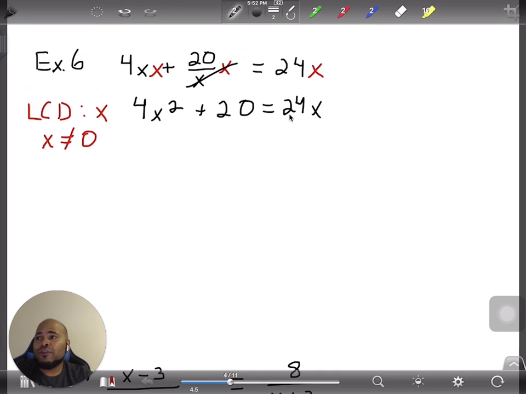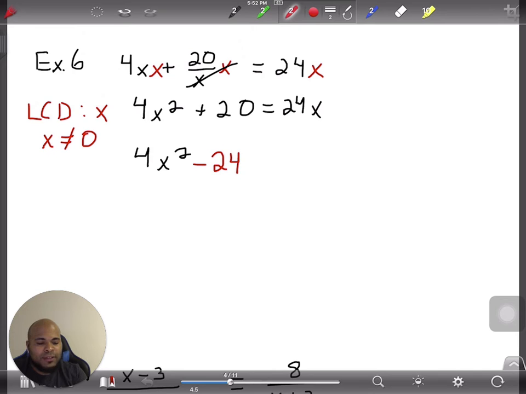All right. So the first step is that I'm going to move that 24x to the other side of the equal sign. So I'm going to have 4x squared. And hopefully you remember, you can always move whatever you want from one side to the other, as long as you do one thing: change the sign. So I just changed my sign of positive 24x to negative 24x because I moved it across the equal sign.